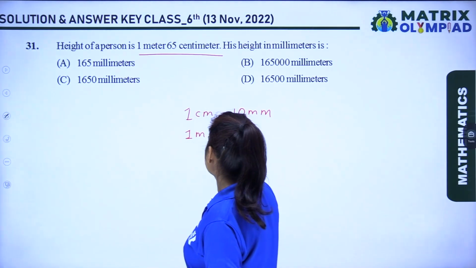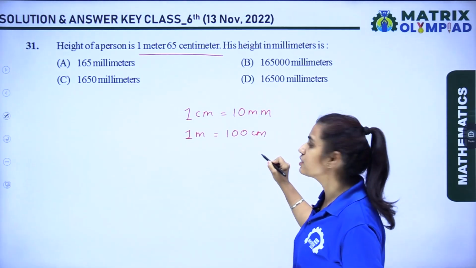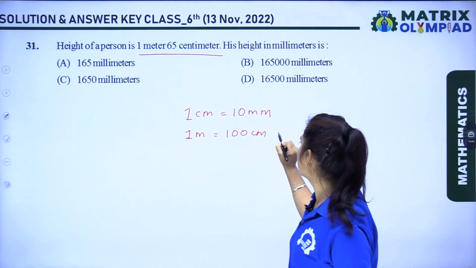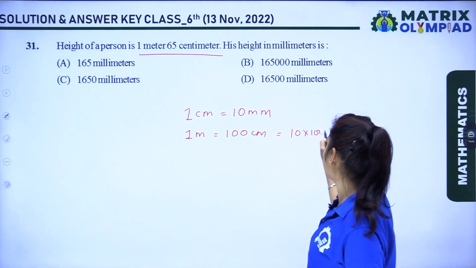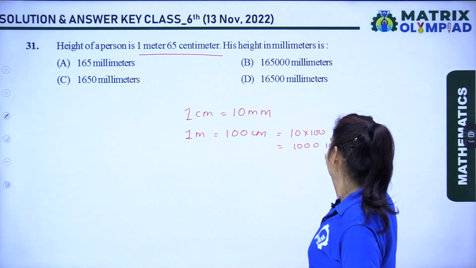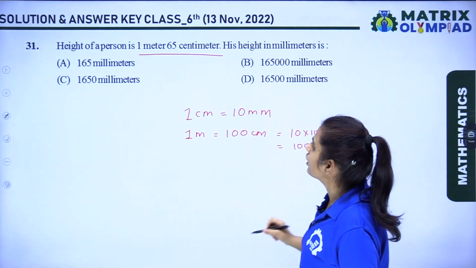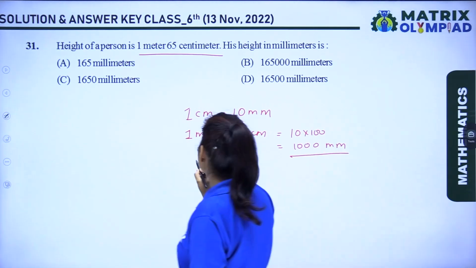1 meter is equal to 100 centimeter. Now, 100 centimeter is converted into millimeter, that is 10 multiplied by 100, we get 1000 millimeter. So here 1 meter is converted into millimeter, that is 1000 millimeter.